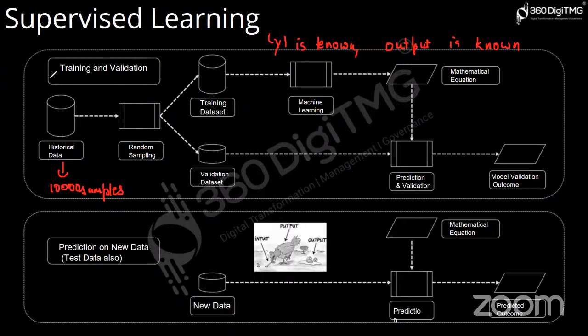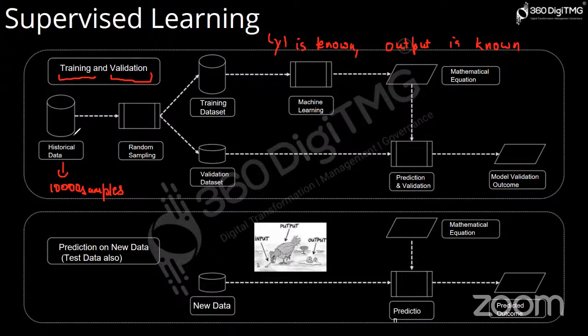Then the first step is known as the training and validation step. From this 10,000 historical data, we take some sort of random sample. A random sample means you're picking out random portions of the data without any specific bias towards some data. You are not picking some data out of your choice.